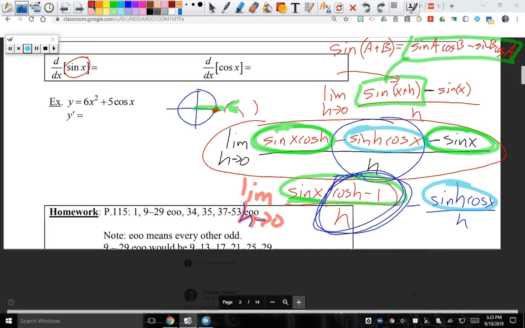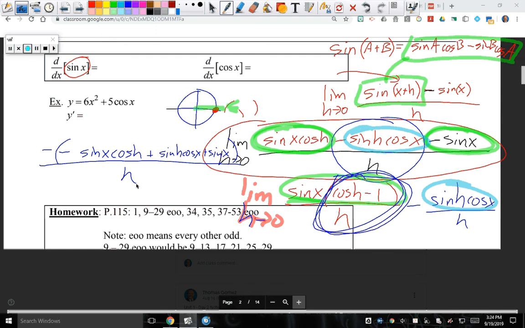Okay? If I took a negative out of this top, it could look like this. A negative sine of x cosine of h, a positive sine of h cosine of x, and a positive sine of x could look like this, GCF'd out with the negative.